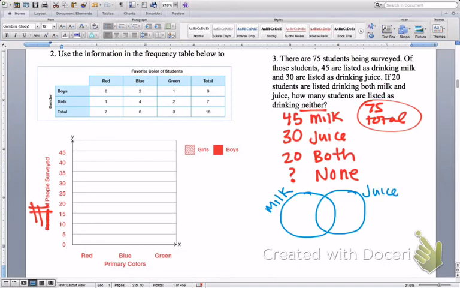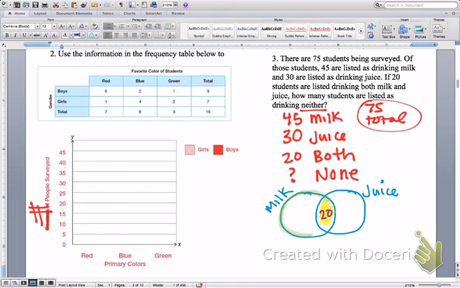Now it's easier to start with the middle one because this is where we have both happening, students that drink both milk and juice. So we're going to fill that in with the number of students that drink both milk and juice, which is 20 of the total students. Now, the circle on the left side, I'm going to highlight with a different color. Let's go with green.